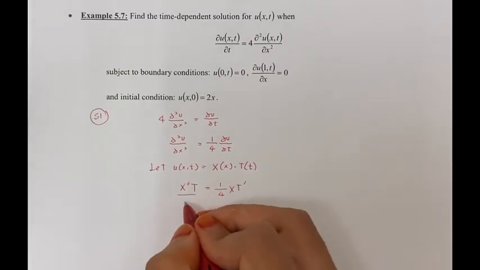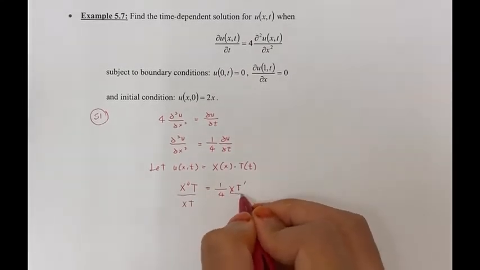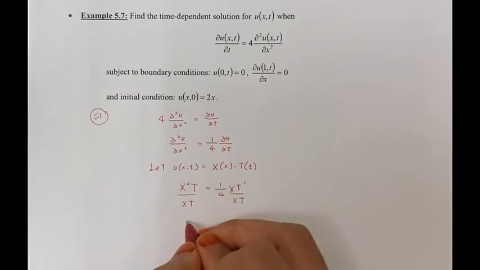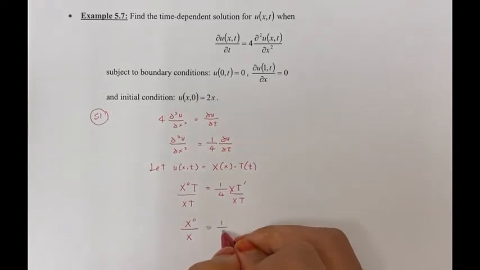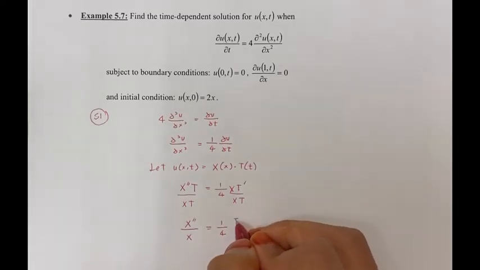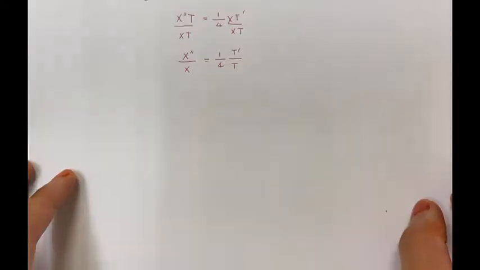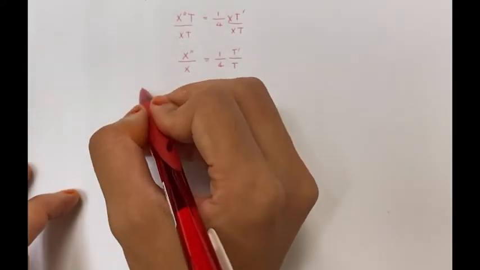Then divide both sides by XT. You have X double prime divided by X equal to 1 over 4 T prime divided by T. So you equate both sides with the constant k.